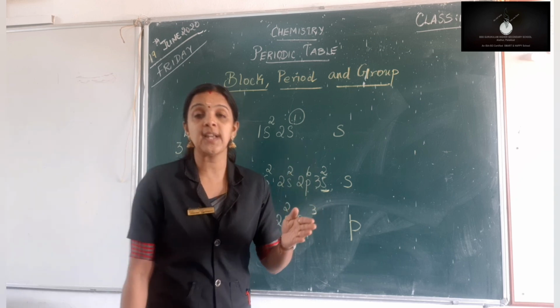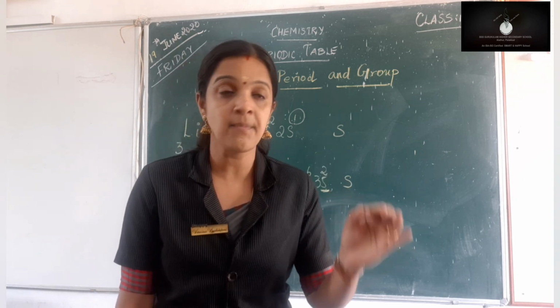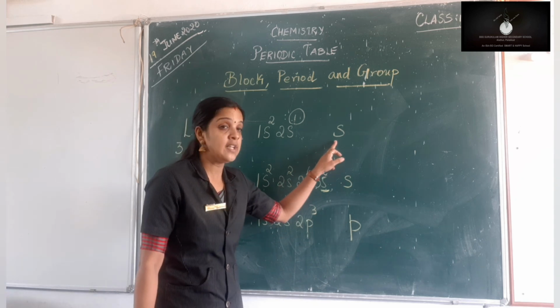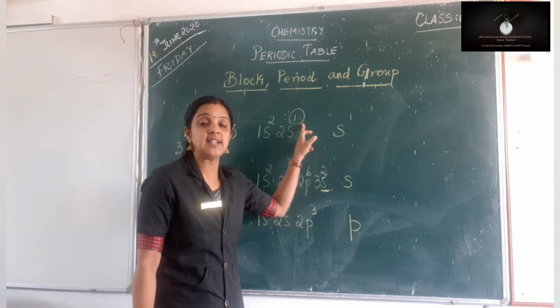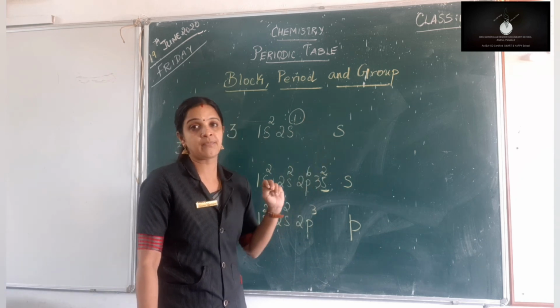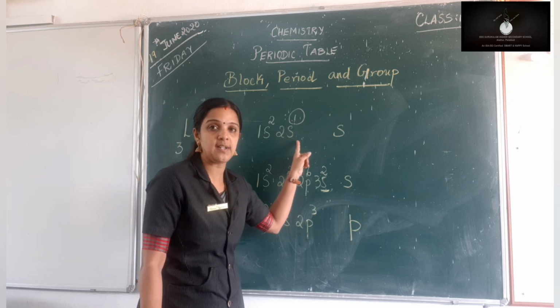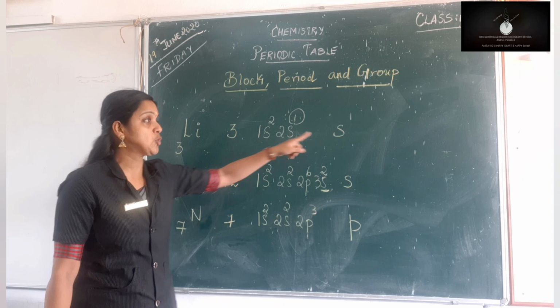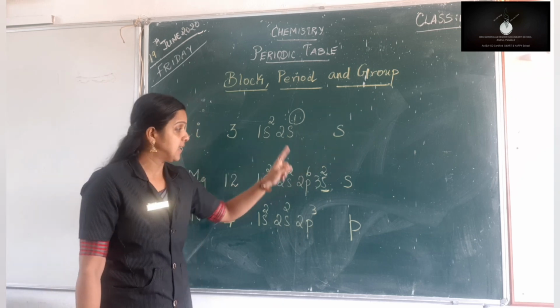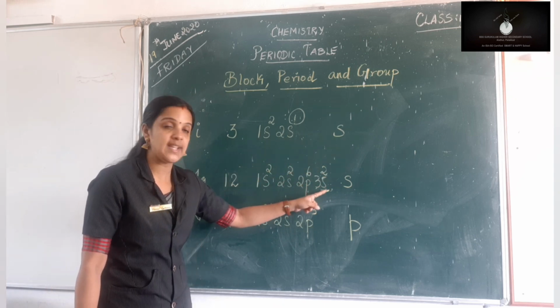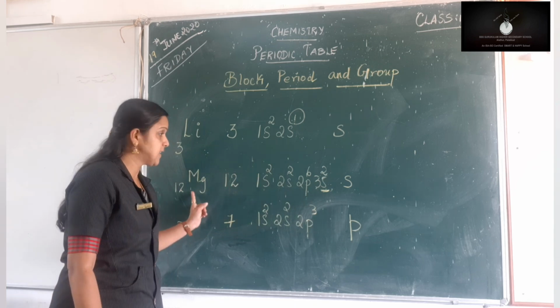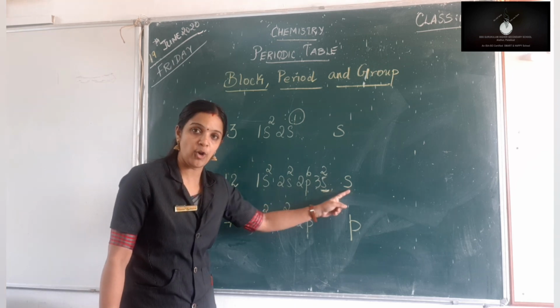The block of the element will be same as the subshell to which the last electron gets added. If my last electron gets added to S subshell, lithium belongs to S block. The last electron gets into again S subshell, magnesium belongs to S block.